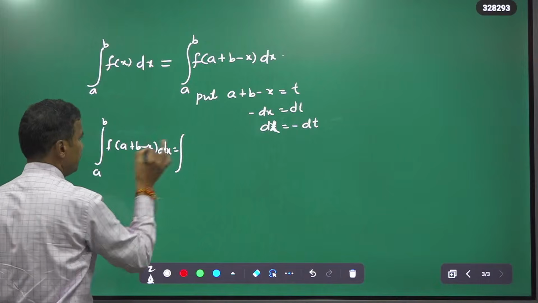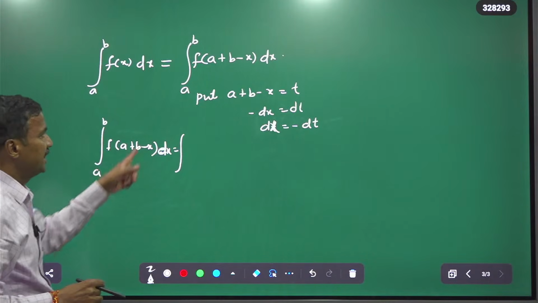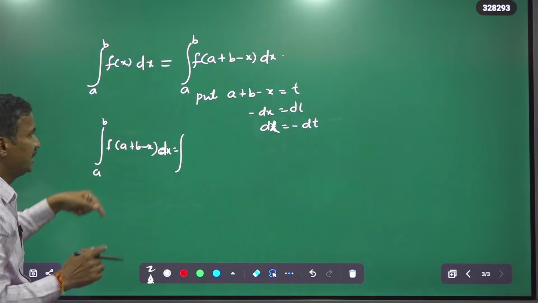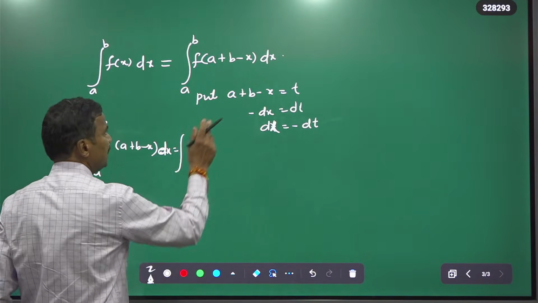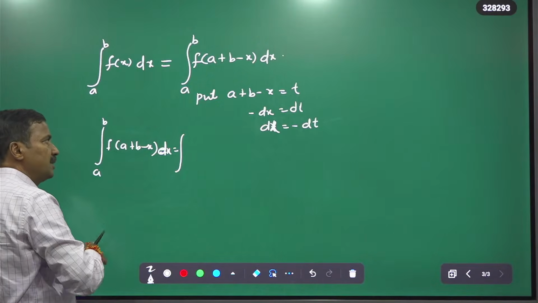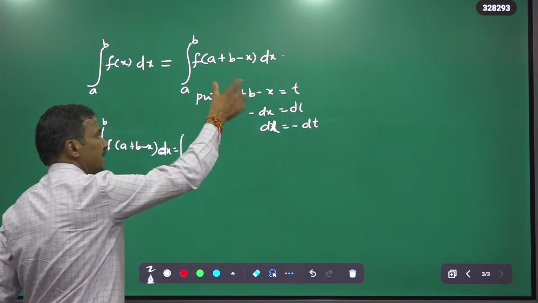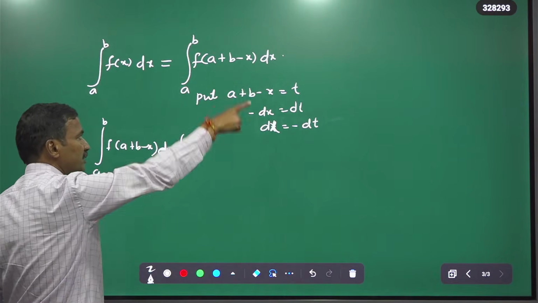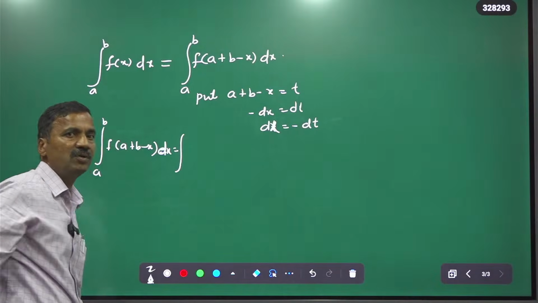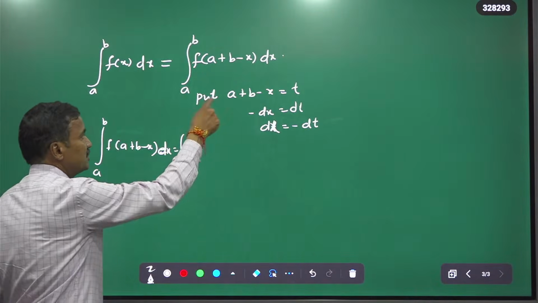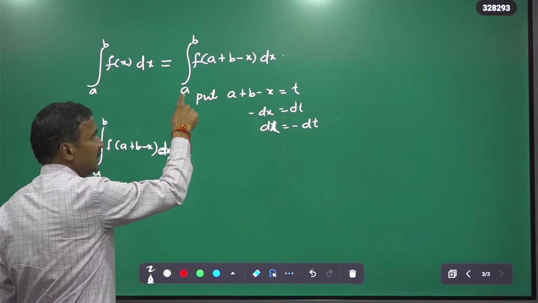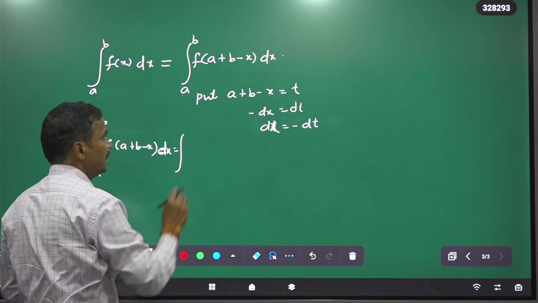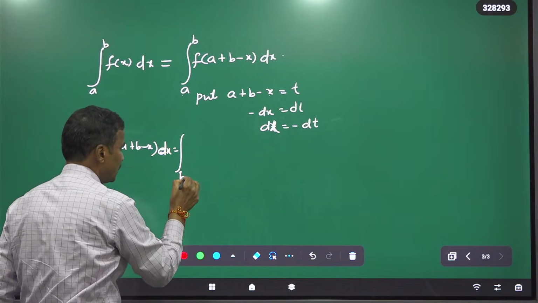The integral of f of a plus b minus x dx can be written by substituting a plus b minus x equal to t, then dx will be minus dt. If we substitute like this, the limits also change. Now we have to find the limits of the variable t. The lower limit of x is a, so put x equal to a. Then a gets cancelled, and t is equal to b; that is the lower limit.